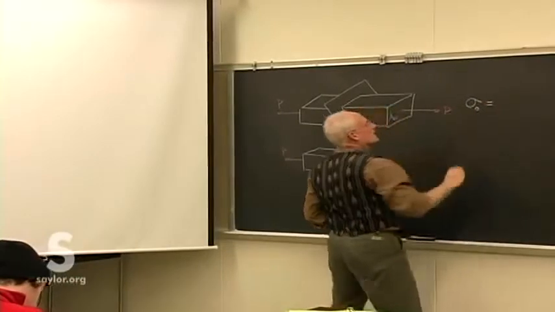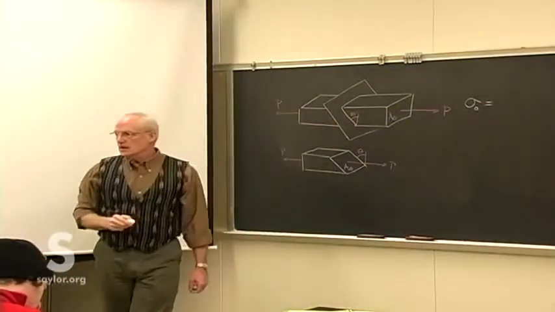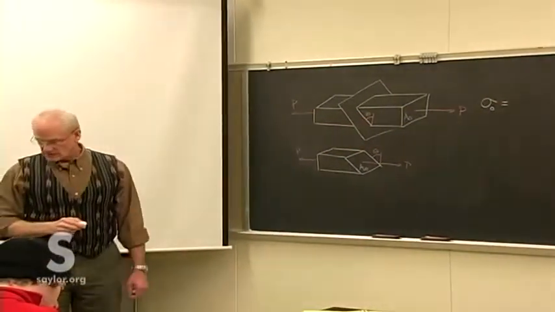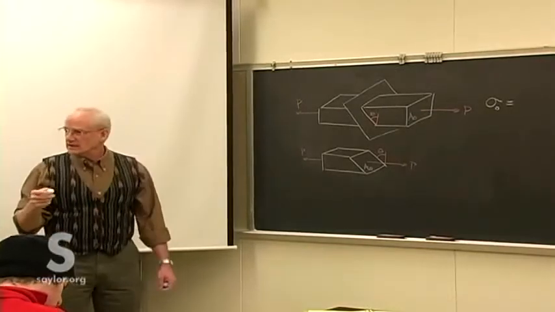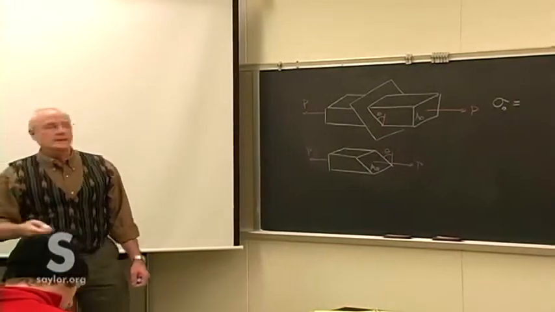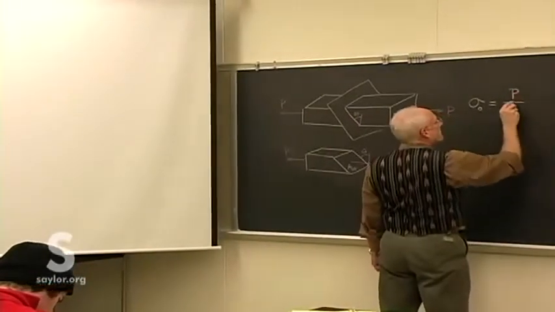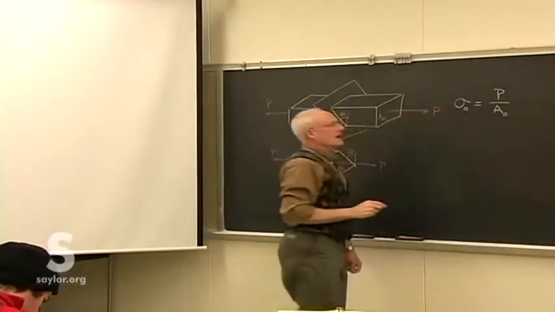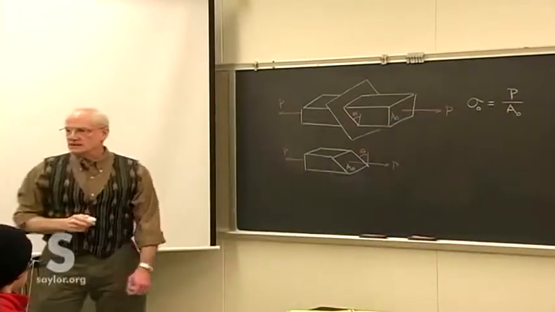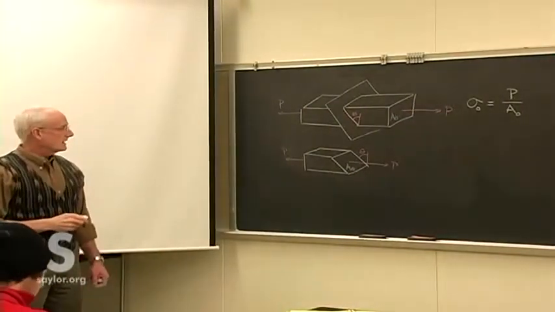So if we look at the original normal stress, and by original I just mean what we've been looking at since the first day, it's the load, and it's supported by a normal cross-sectional area A0.